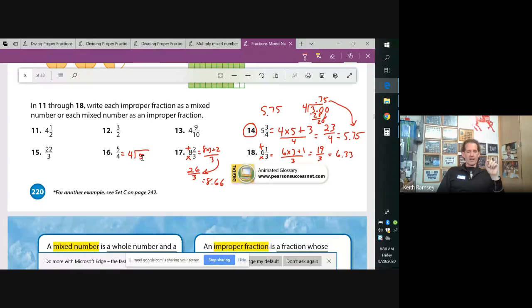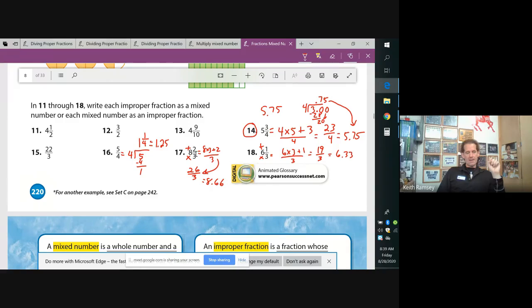So I know that 5 is divided by 4 one whole time, that's the quotient or the whole number. 1 times 4 is 4, I subtract, and I have 1 left over. So the remainder becomes the numerator that goes here, and the denominator stays the same. It's 4 up here. So I know 1 1/4 is equivalent to 5 over 4, which is also equivalent to $1.25, 1.25.